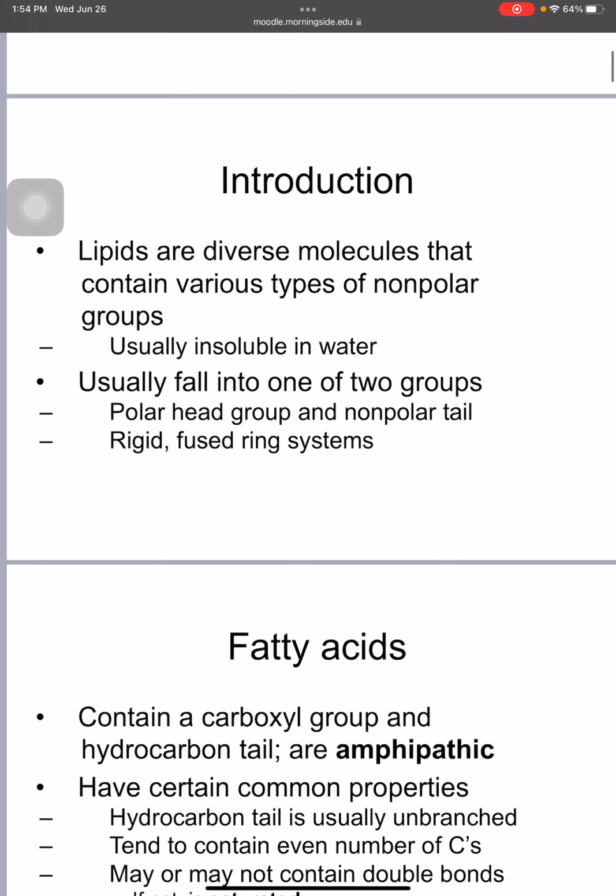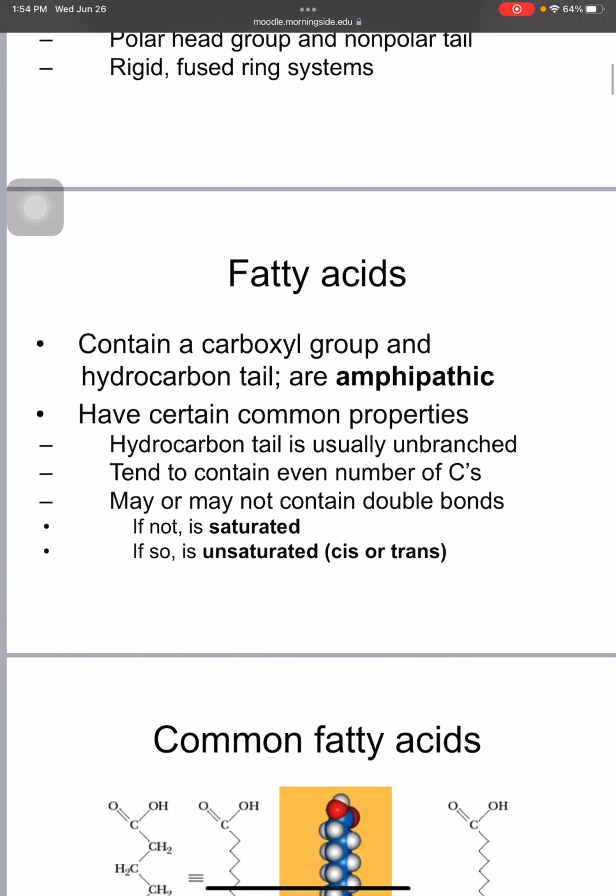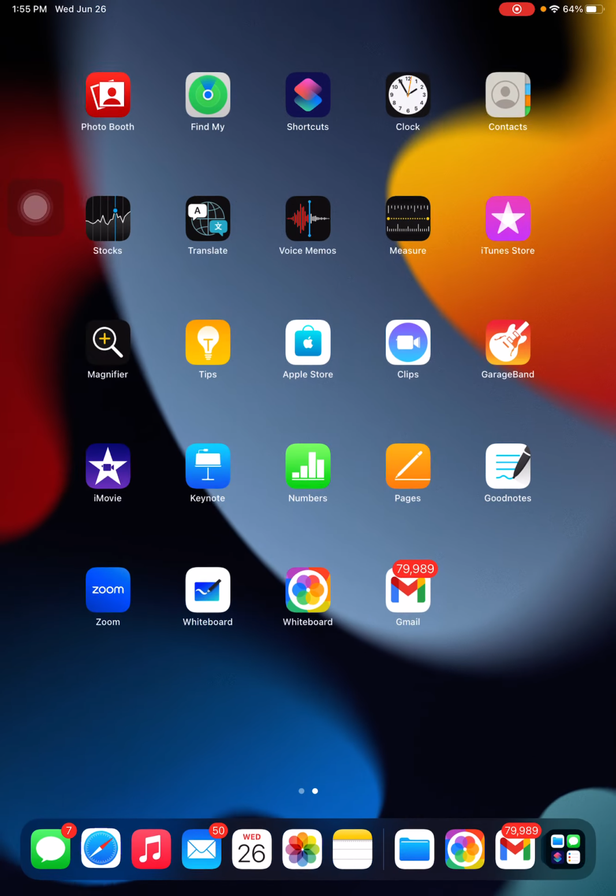All right, so we're going to start off with the first group, the polar head group, nonpolar tail, and we're going to revisit something that's kind of familiar to us already, right? Fatty acids. And I talked about this previously. Just to refresh you, a fatty acid is going to be something that has a polar head group and a hydrophobic tail.